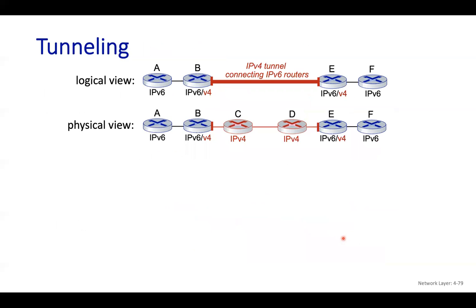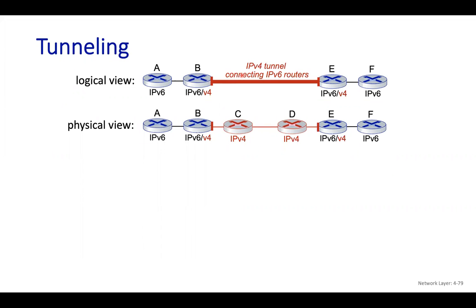Okay, so here is tunneling with more details. From the logic view here, you cannot see any IPv4. You just think, as I mentioned from the high level, that after the B router, everything is wrapped up in the V4, right?